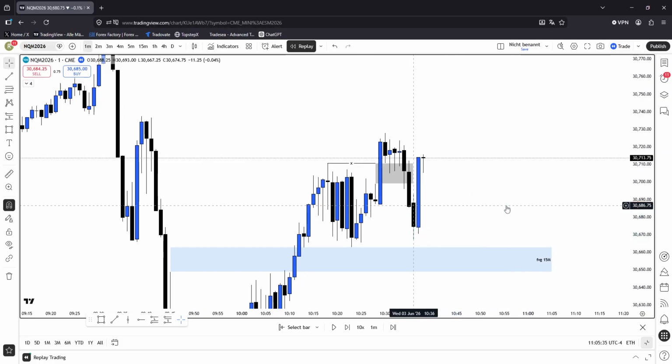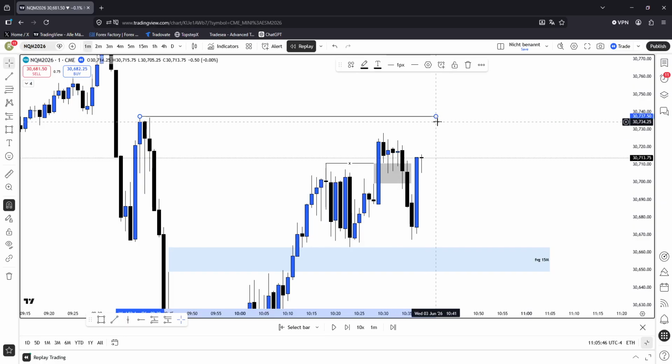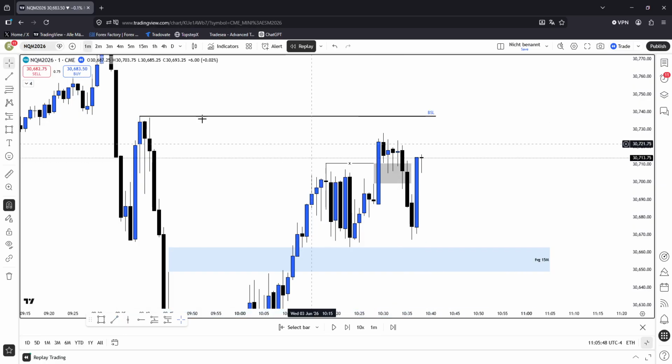So one loss, I still had a bullet in the chamber. As you know, I only trade two times a day at max. So now I wanted to see possibly this high getting swept, because we formed some nice equal highs here.